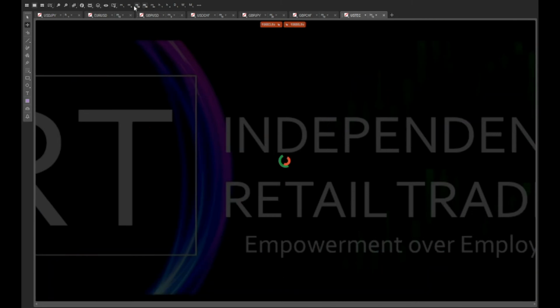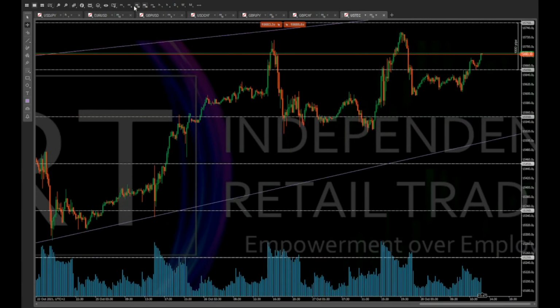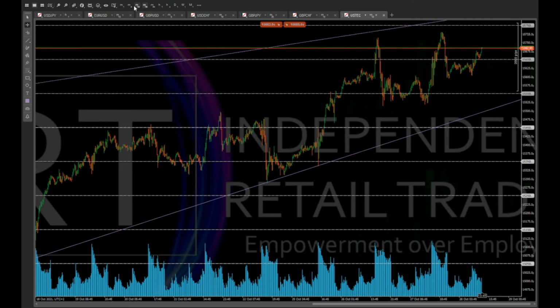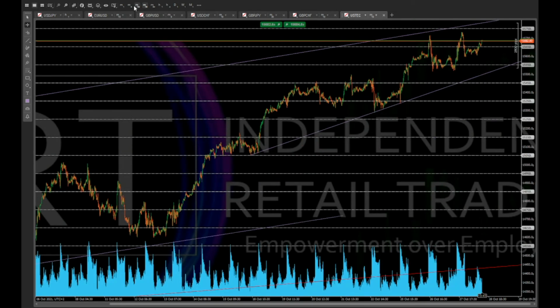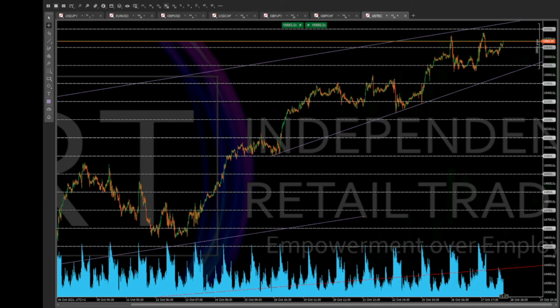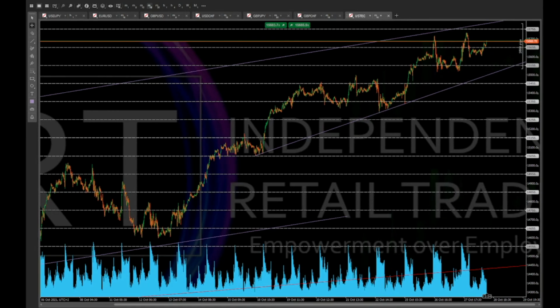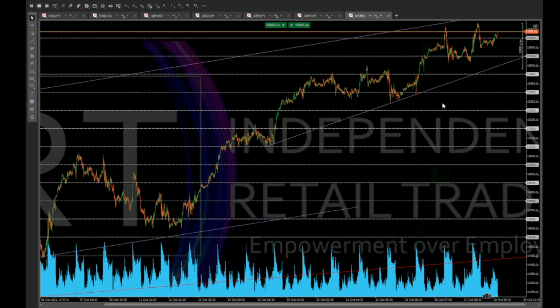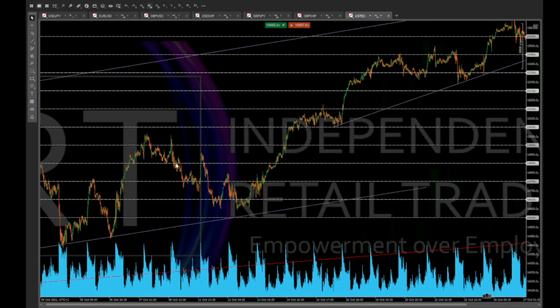Okay, so when we drop down to a 15-minute time frame, just look at how they trade in these levels, guys. I hope you guys see it.